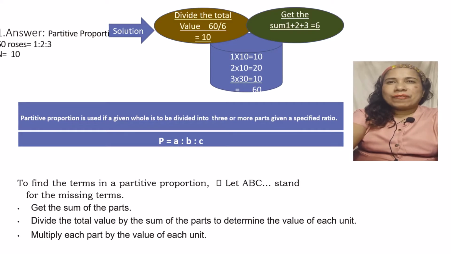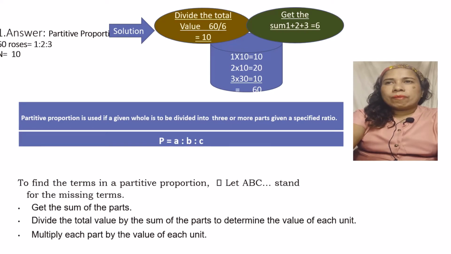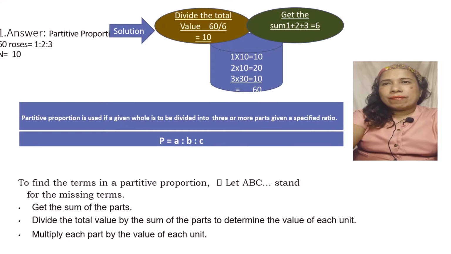The answer for number 1 is partitive proportion. So the solution is to get the sum of 1 plus 2 plus 3, which is equal to 6. After this, divide the total value.